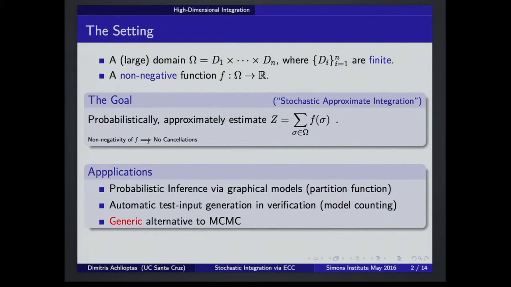There are several reasons for which one may want to compute the partition function. Here are some of the standard ones. And you can perhaps think of this as proposing a generic alternative to MCMC, although the proposal is not quite mine, whereby you try to compute the sum by optimization. Meaning you try to leverage other people's work on optimization to make the computation of this sum efficient. And when I say efficient, I mean efficient in practice.